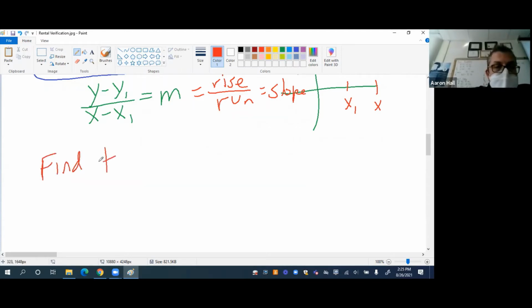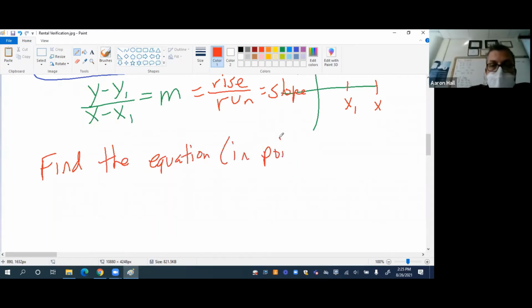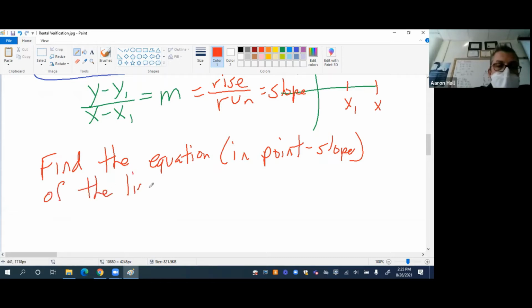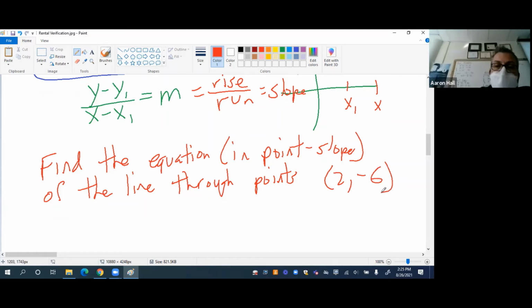Find the equation in point slope of the line through points, I don't know, (2, -6) and (-4, 8). What's point slope?